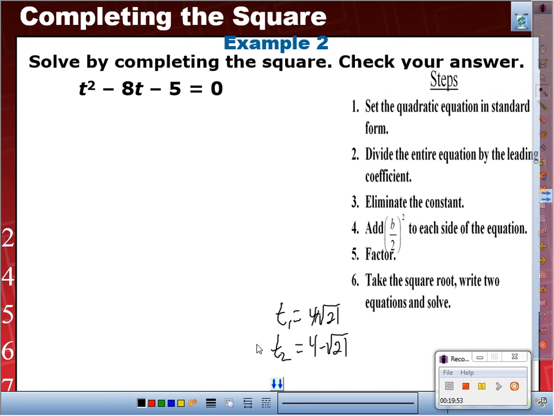Hands if you got that. Okay? Here goes the process. Standard form, divide by the leading coefficient, which is 1, stays the same. Eliminate the constant, add 5 to each side. This is t squared minus 8t equals 5.